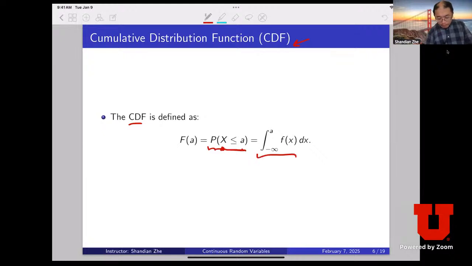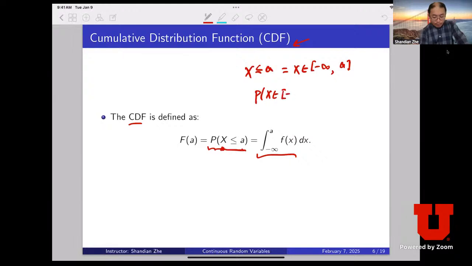But if we connect it to the definition of the PDF we just introduced, X less than or equal to A just means X is in the range minus infinity to A. So according to the definition of the PDF, the calculation of this probability is the integration of the PDF function.